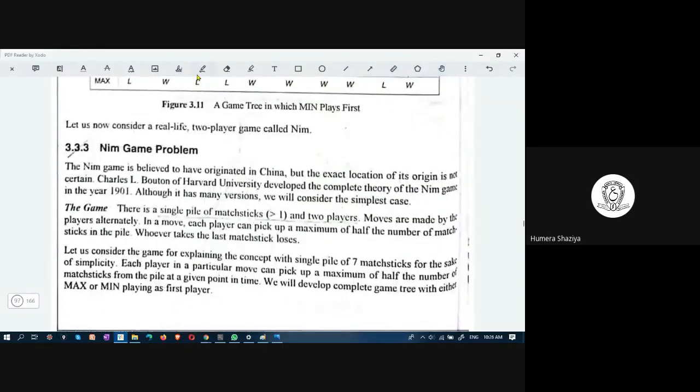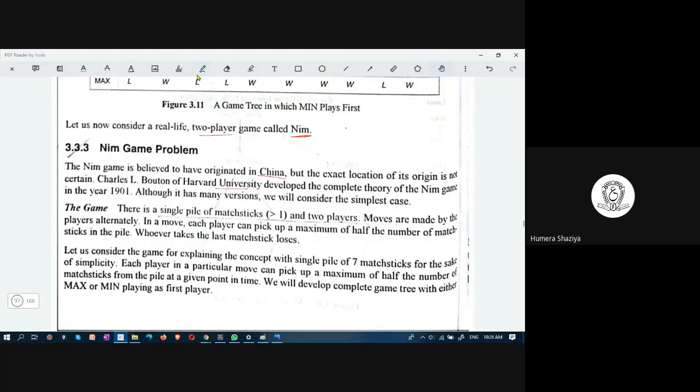There is a game called the Nim game. This is actually a real life game in which there are two players. This game is believed to have originated in China, and it was brought to Harvard University.